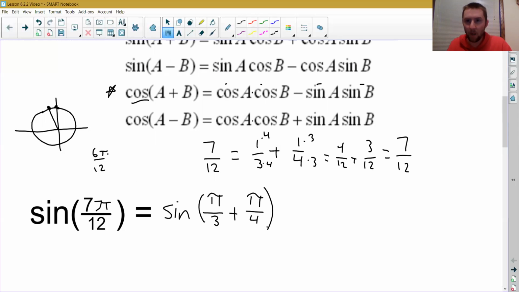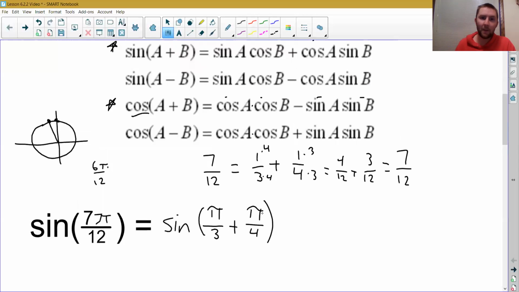So the sine of 7 pi over 12 is the same as the sine of, in parentheses, pi over 3 plus pi over 4. Do we know the sine of pi over 3 and the cosine? Yes. Do we know the sine and cosine of pi over 4? Yes. So what we can do is we can use this angle sum formula right up here, and we can rewrite this expression in terms of the sine of the first thing, the sine of the second thing, and then plug in our values from the unit circle.